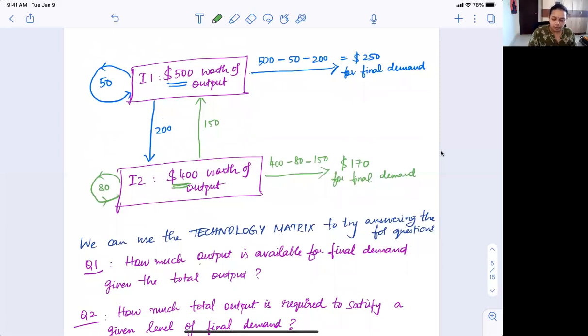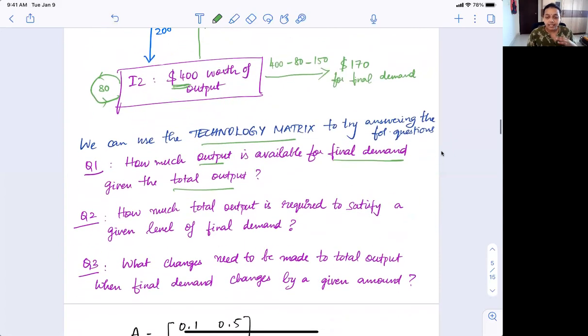A second question is, given the technology matrix and a certain level of final demand, how much total output would you need to satisfy this inter-industry flow as well as the final demand?